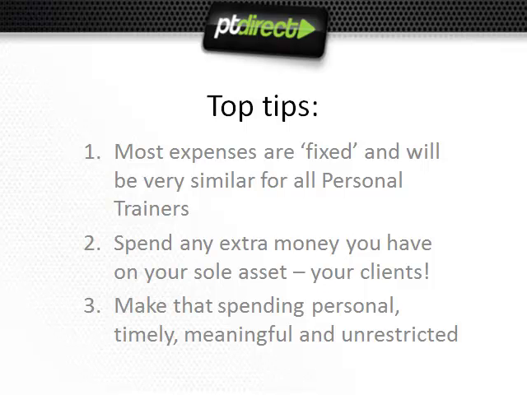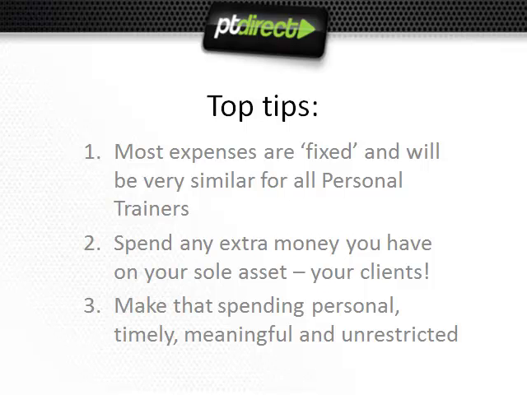What that means is make it about the person. Give it to them at a time that they've earned it, or it's a reward, or it's a surprise, or it's special. Make it meaningful. So not everybody gets a branded t-shirt with "I train with Steve" on it, but this person gets an amazing wine rack for their house because they love their red wine in the evenings, and you've been to their house and thought, wow, they'll love this, it will look great there, given the style of their house.